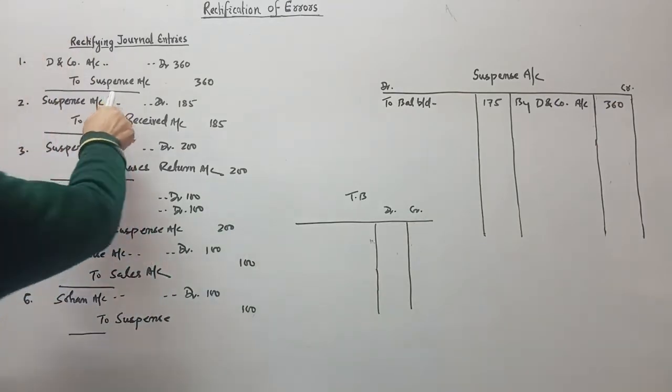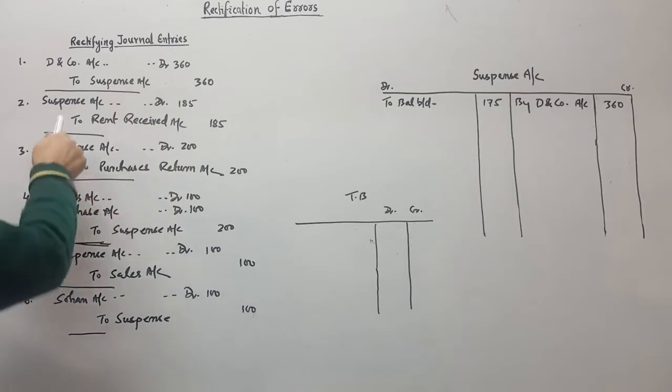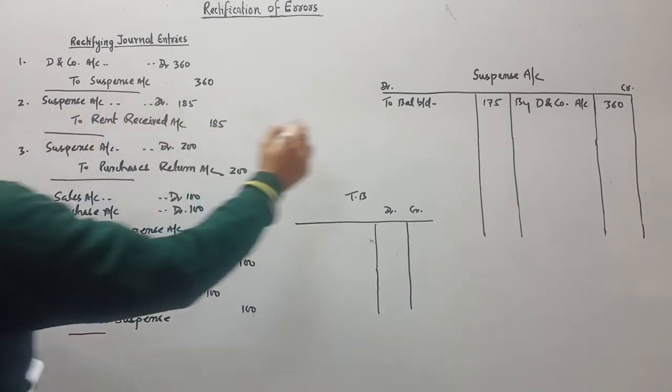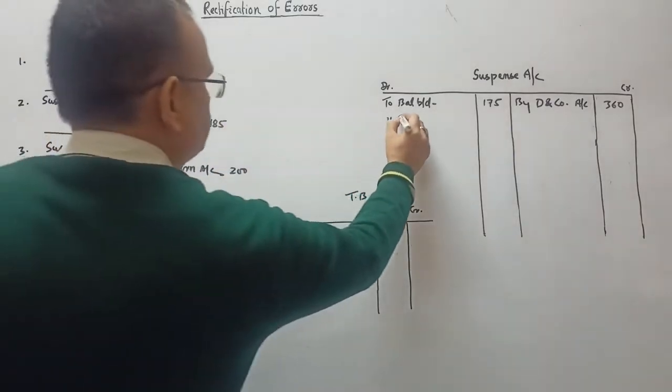The first posting, suspense is on credit, so credit side of the suspense account by D and company. Here suspense is on debit, so we'll do the posting on the debit side. What will we write? To rent received.